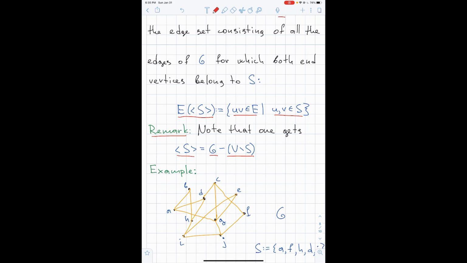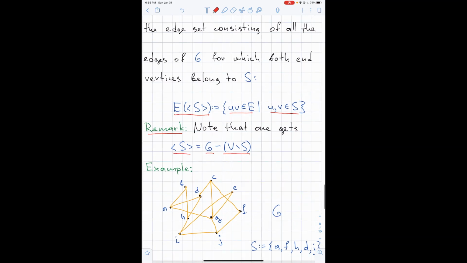This is a set minus, right? I take the vertex set and remove S from it. So I take all the rest of the vertices, and then I remove them from my graph G, and that's going to be the induced subgraph.